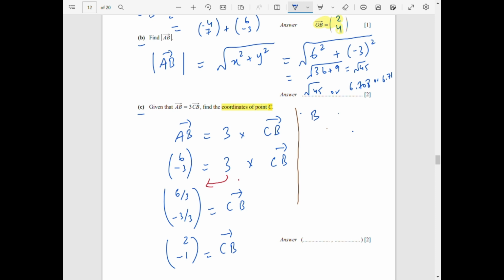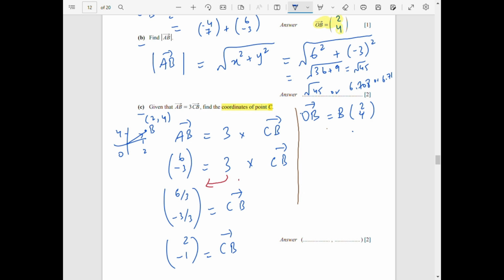And I told you previously in the previous question that OB as a column vector is the same as the coordinates of point B, 2, 4, because in the Cartesian plane, whenever we refer to any point, we always refer to it as a vector measured from O in the direction O to B. So when this is 2, 4, it means that in order to move to B from the origin, you need to move 2 to the right, as you can see here, and then move 4 units up. So that's right there at B.